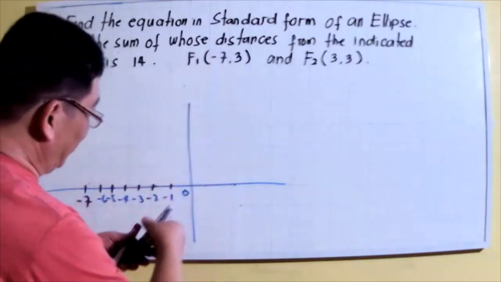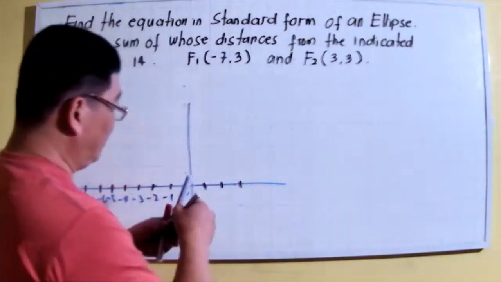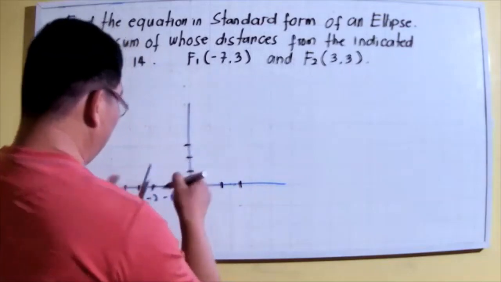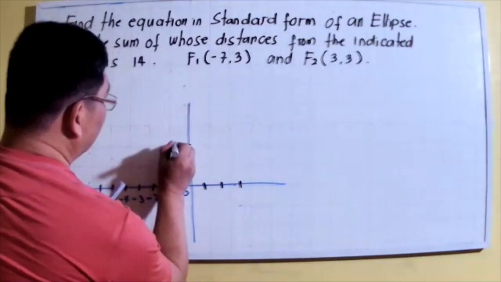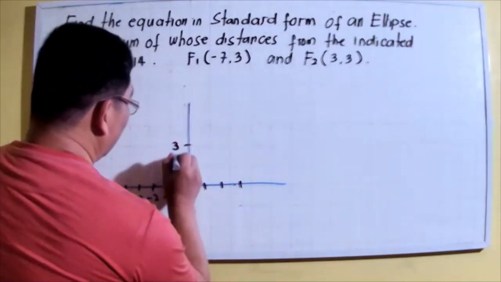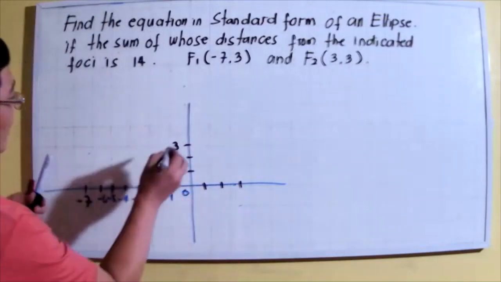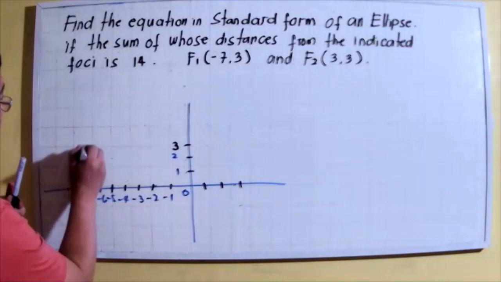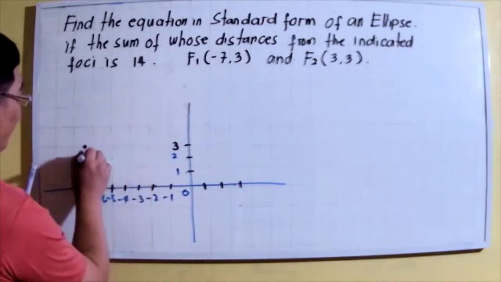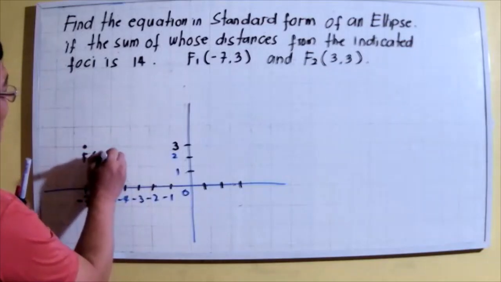Y coordinate 3: 1, 2, 3. So now we have the point -7, 3 here, and we're going to call this F1 and label it -7, 3.